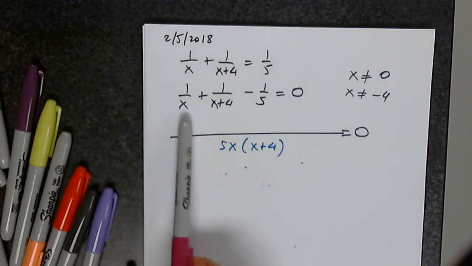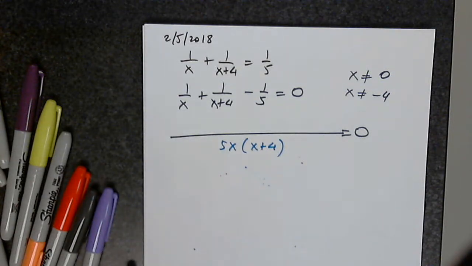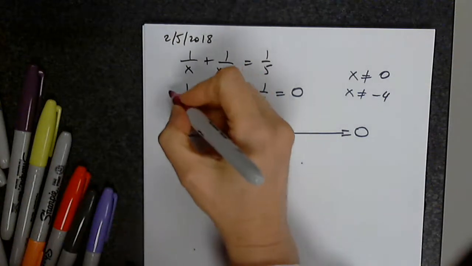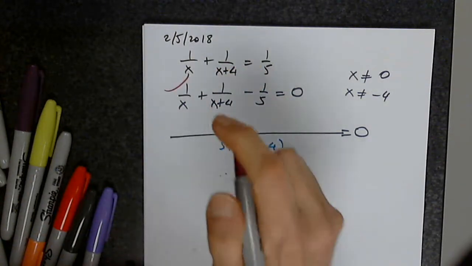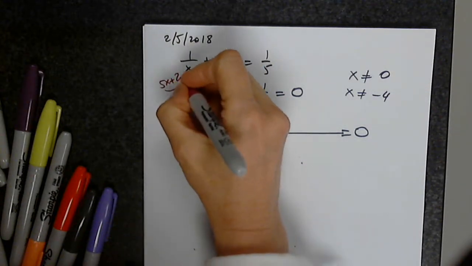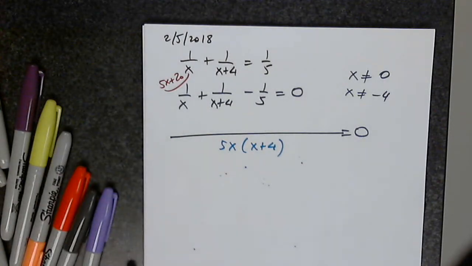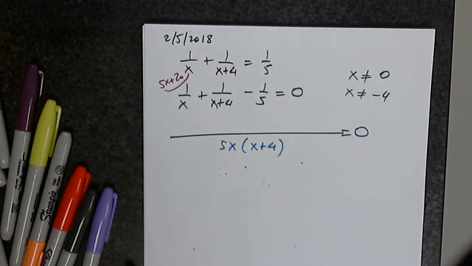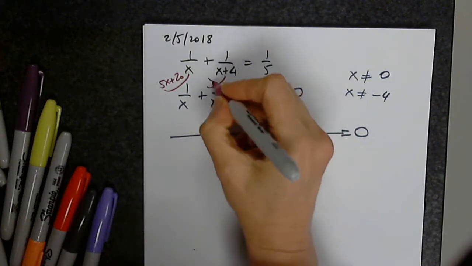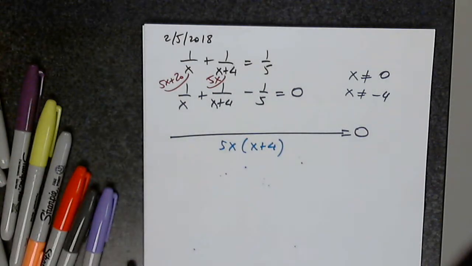Awesome. x was multiplied by 5 and 5, 5 times x plus 4. I'm going to write it up here. 5 times x plus 4 as 5x plus 20 to make my life easier. x plus 4 was multiplied by? I have to multiply the top by 5x.